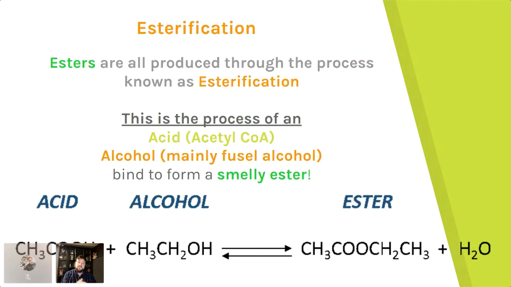In yeast cells, this occurs via a few standard molecules. We have acids, mainly acetyl-CoA, which is found inside the cells, and an alcohol, in this case almost always the fusel alcohol. The thing that's toxic, the thing the yeast cell wants to break down and remove from its environment because it's harmful. These two bind, and the byproduct smells very fragrant, very lovely, attracts flies, and makes us want to consume it. It's a wonderful system.